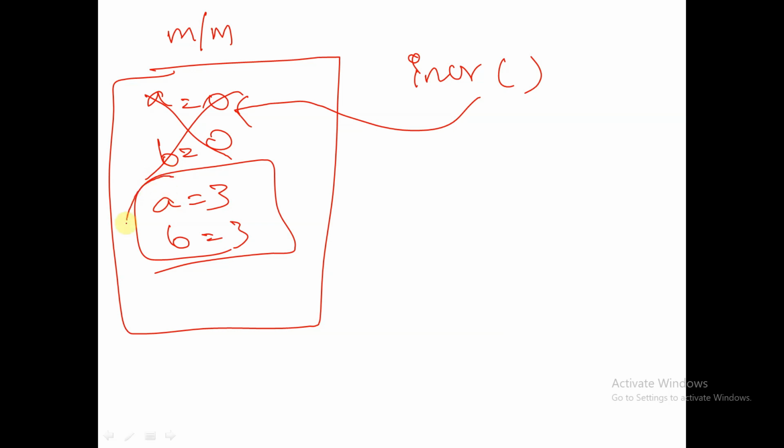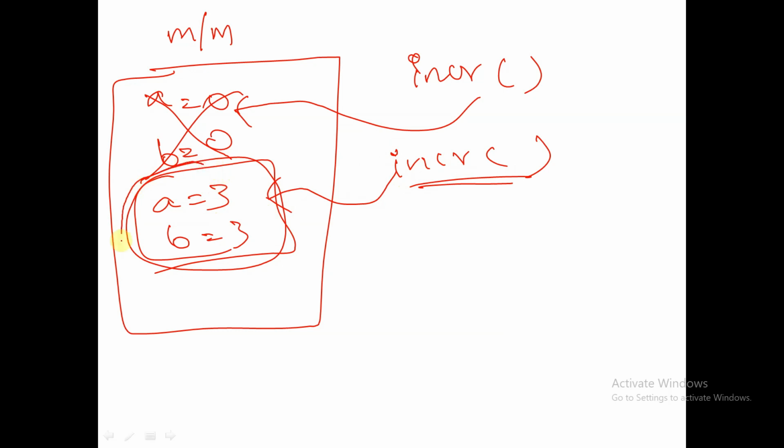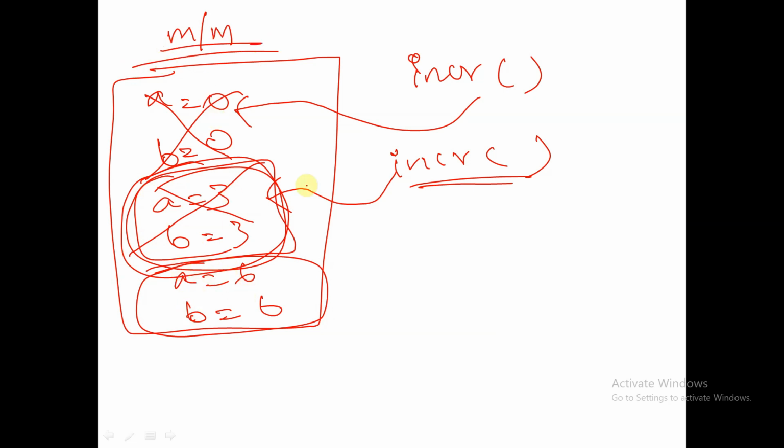Whenever I call incr again, it will go to the same memory, take these values, override them, and store new values here. A will be equal to 6 and b will be equal to 6, and the old values will be removed and the new values will be updated in the same memory locations. So is this clear? That's why we are getting the incremented values like this. Is this clear?